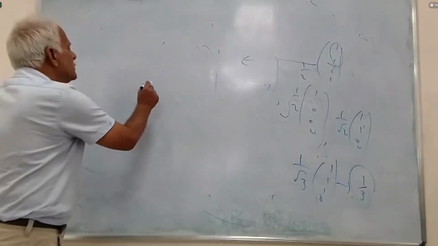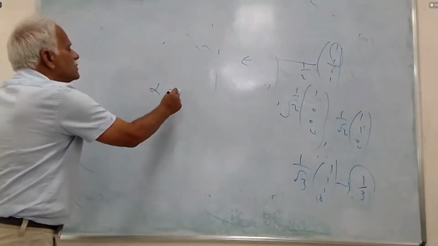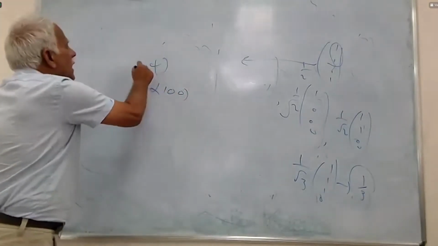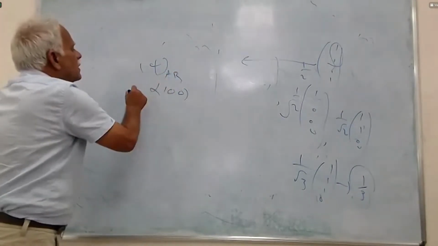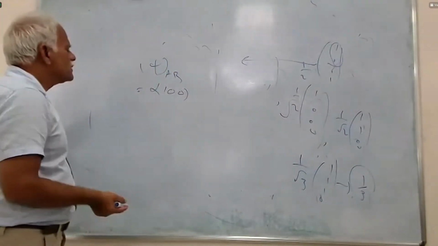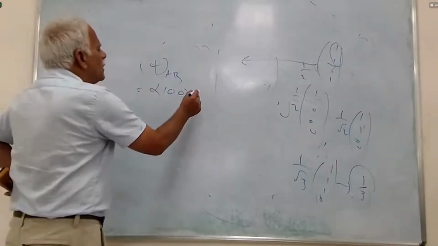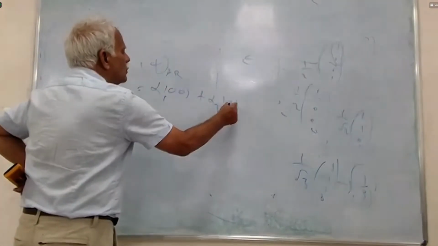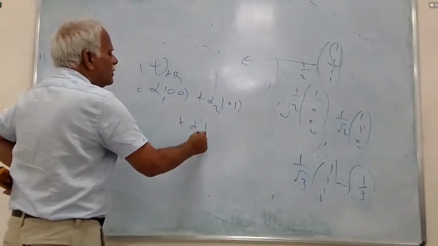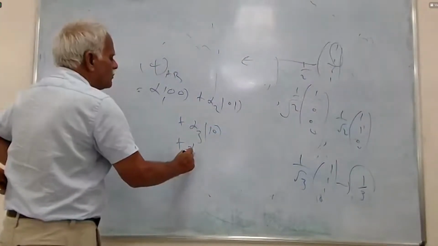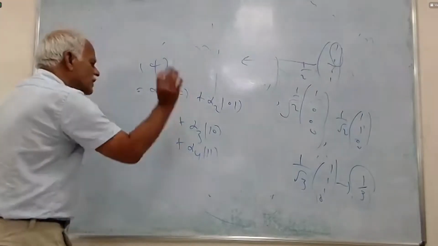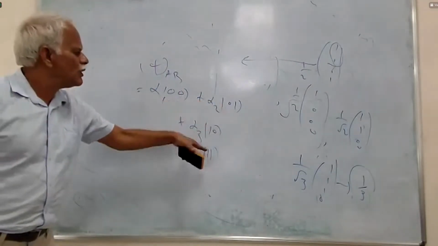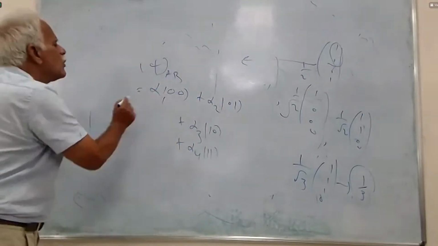All right. Let me take the same two-particle state, the Alice-Bob state. Let me take the most general Alice-Bob state. It will be alpha 1, alpha 2, alpha 3, alpha 4, 4 of them: 1, 2, 3, 4. This basis is called the computational basis.